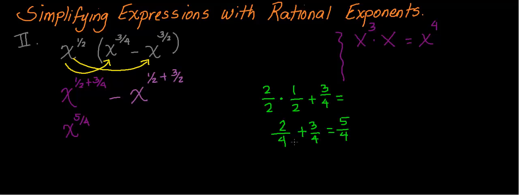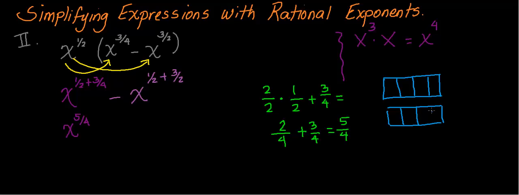Okay, another way to add 1/2 plus 3/4, you can actually draw these amounts. You can draw two rectangles here that are the same size, and I can break these up into fourths. And when I have 1/2, that means I have 2/4 of the rectangle, right?